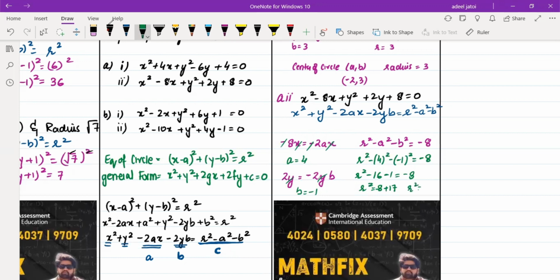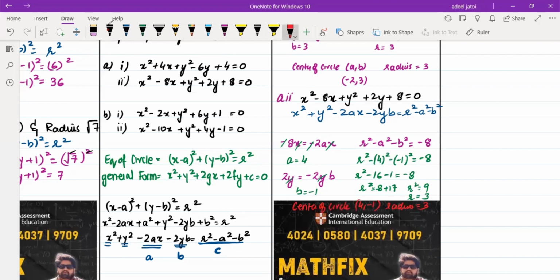So r square is equal to what? 9 again. So r will be 3. So even in this case, the center of the circle is 4 comma minus 1 and the radius is 3.